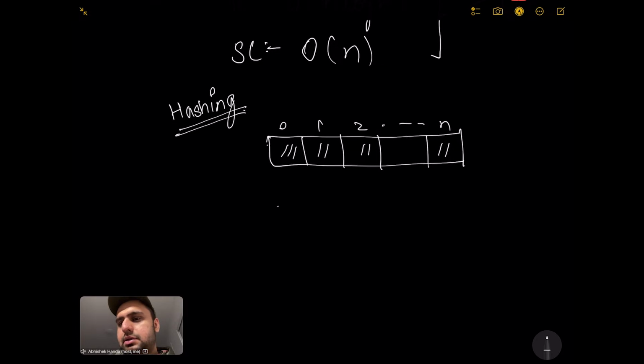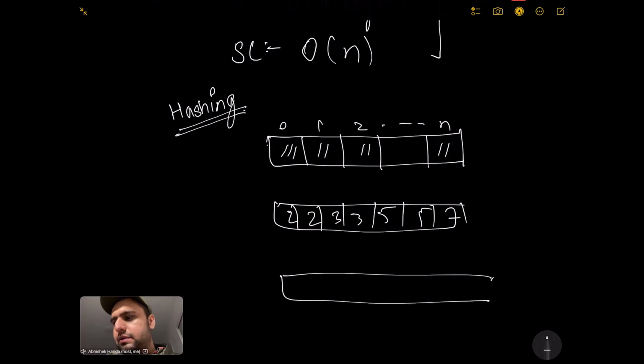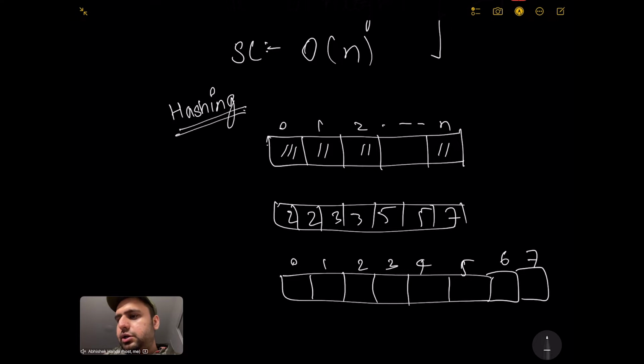Let's say the input is like this: 2 2 3 3 5 5 7. My array would be indexed 0 1 2 3 4 5 6 and 7. There are two 2's here, two 3's here, two 5's here, and one 7 here. So my array would be like this.